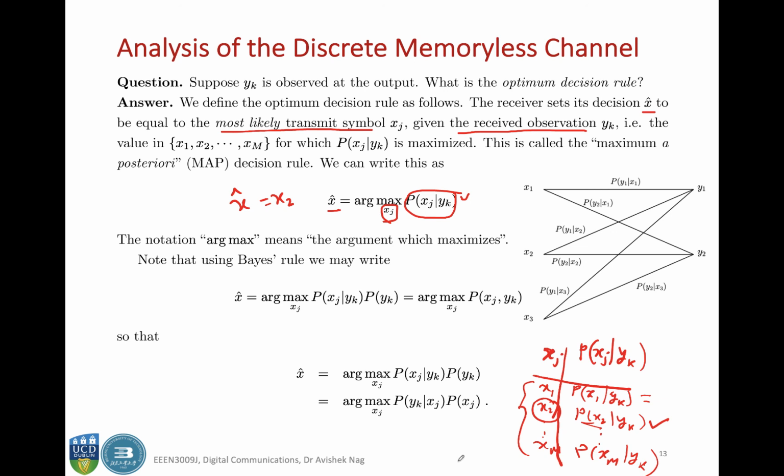and if you perform this experiment hundreds and thousands of times, you keep observing the output of a discrete memoryless channel, let's say 1,000 times, and you observe yk all the 1,000 times, then if you make a guess that the probable input was x2, then you will be right the maximum number of times.